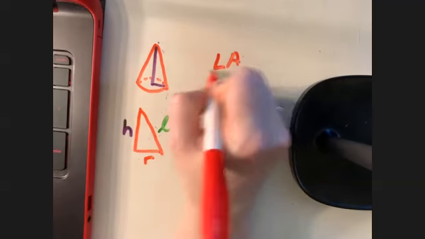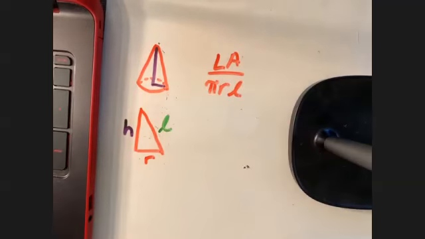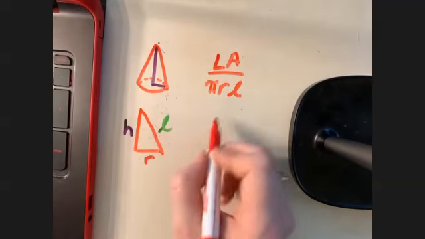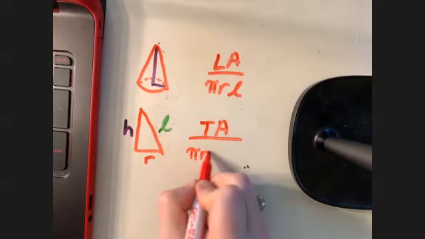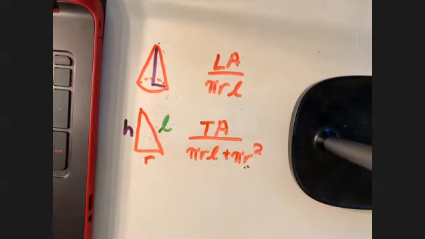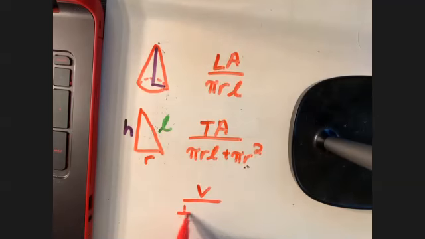Lateral area for this one is pi r L, and again, we need that slant height. Total area is pi r L plus pi r squared. And then volume is going to be 1/3 pi r squared h.